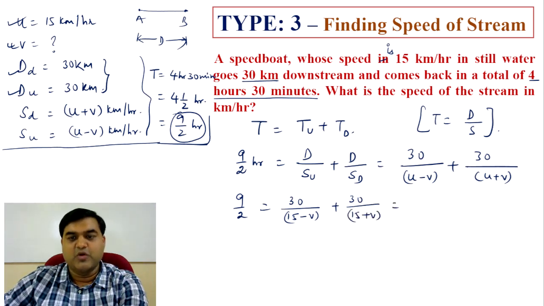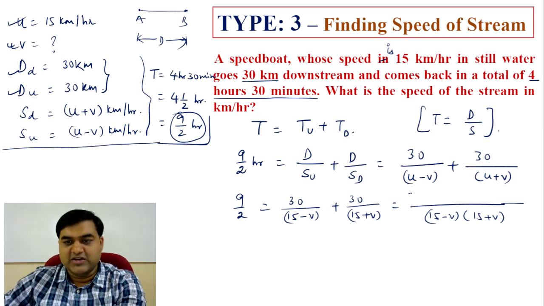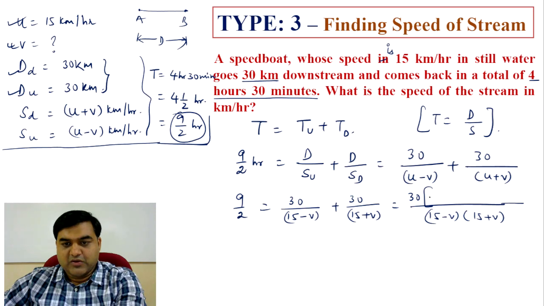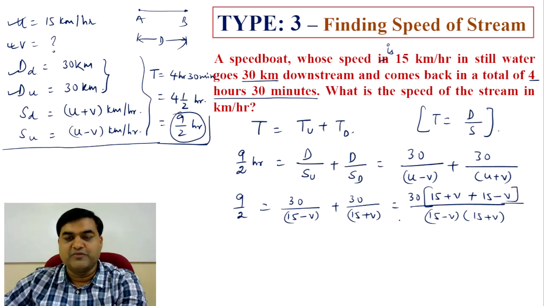Let's take the LCM, which will be (15 minus V) into (15 plus V). Taking 30 common, the numerator becomes 30 into (15 plus V plus 15 minus V), by taking the LCM as (15 minus V) into (15 plus V).